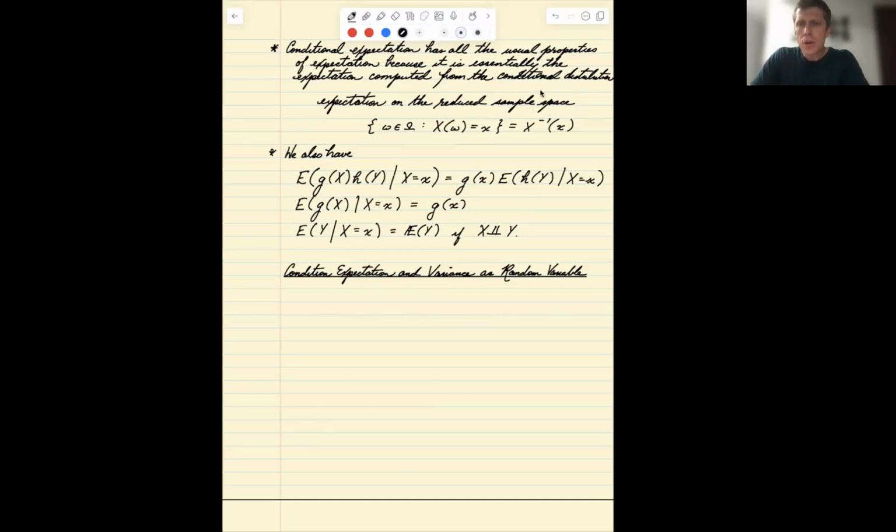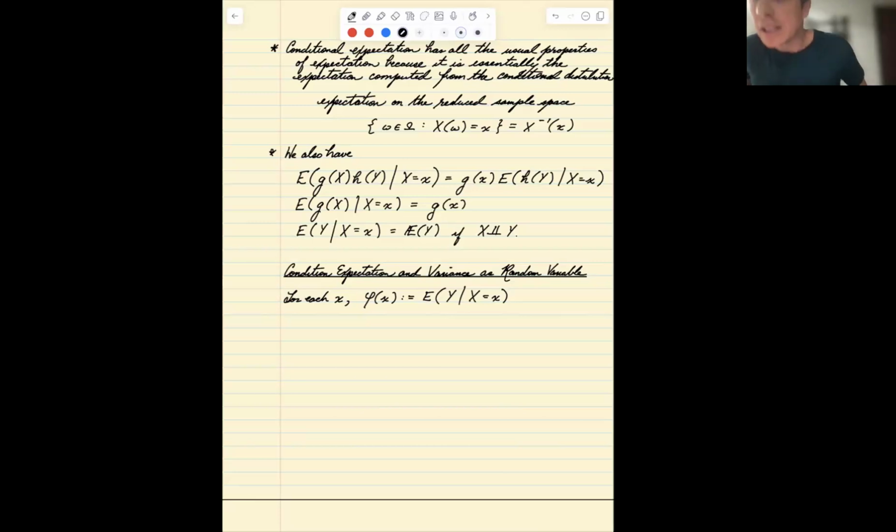So we've defined the conditional expectation, and we're going to define now, for each x, a function phi of x as the conditional expectation of y given that X is equal to little x.